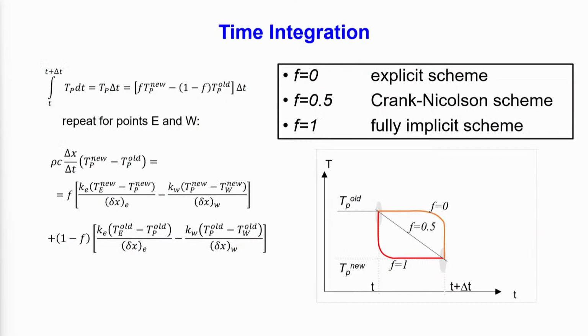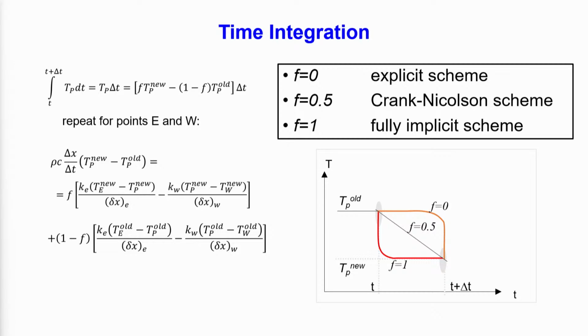There may be a plus minus sign typo there, which you can fix very easily. If f is 0, you get that the integral is just Tp old into delta t, right. If f is 1, then it would be Tp new into delta t.